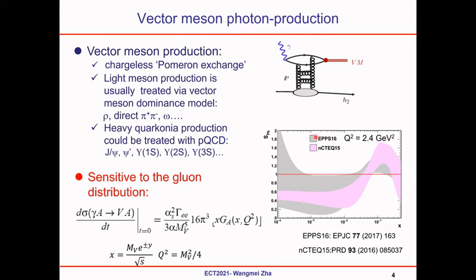In the past version, the EPPS PDF set also had a narrow band, but we considered more parametrization for the input, so they have large uncertainties. But for both of these two PDF sets, as we can find, there are large uncertainties. So the measurement of quarkonium photoproduction can help us to constrain the nPDFs.